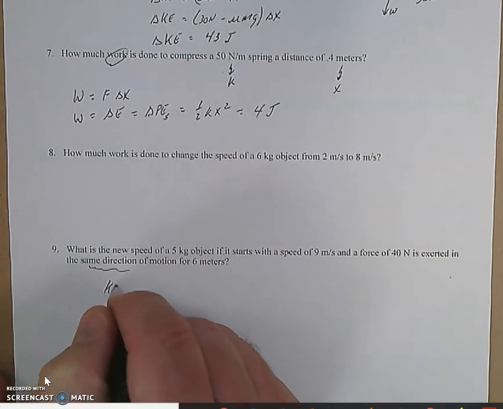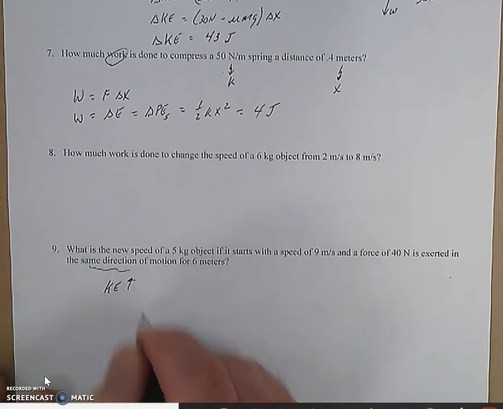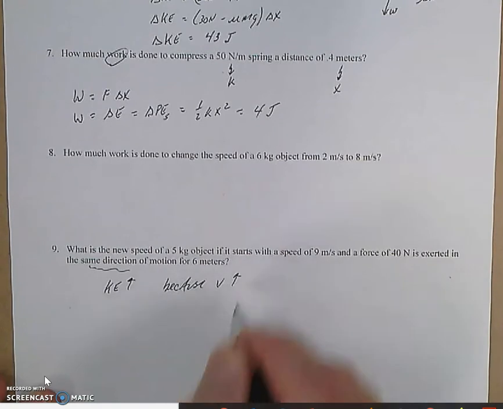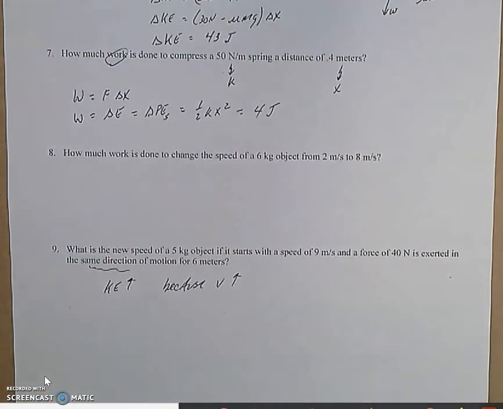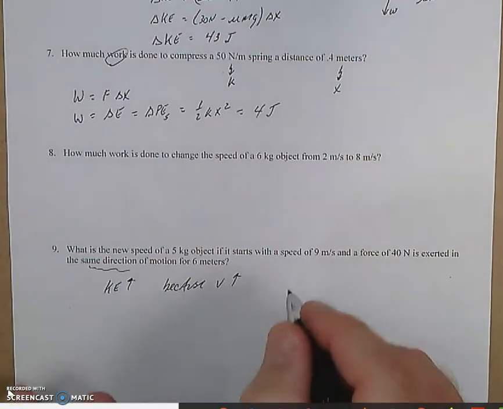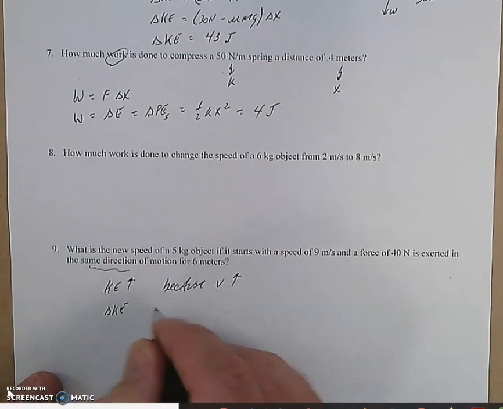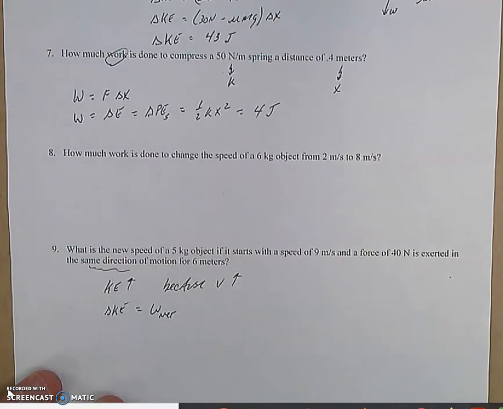That's going to cause my kinetic energy to increase because v would increase. So how much will that kinetic energy increase? That change in kinetic energy will equal the net work done.